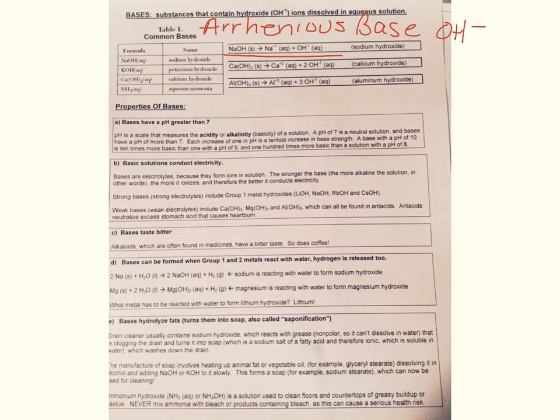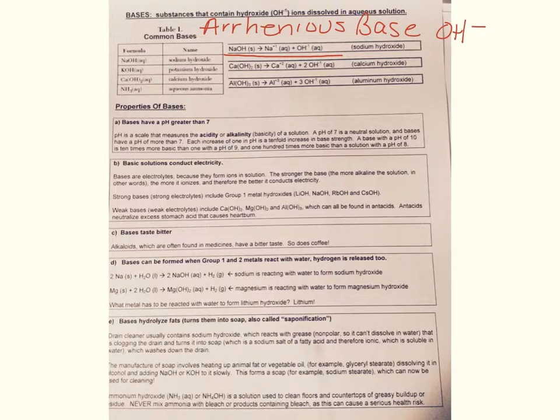We have mobile ions. You will learn as we go through this unit that acids, bases, and salts are all considered electrolytes. Why? Because they all form mobile charge or mobile ions. Bases have a pH greater than 7, and just like we said with acids, the further you get away from 7, meaning the closer you get to 14, the stronger your base is.